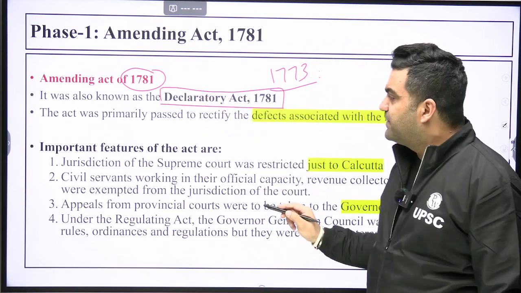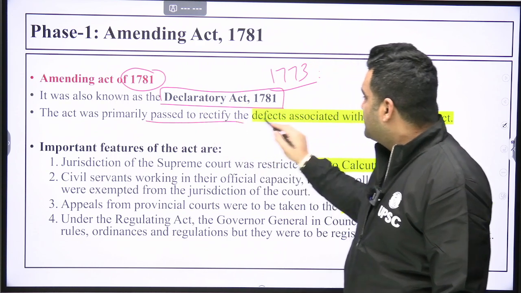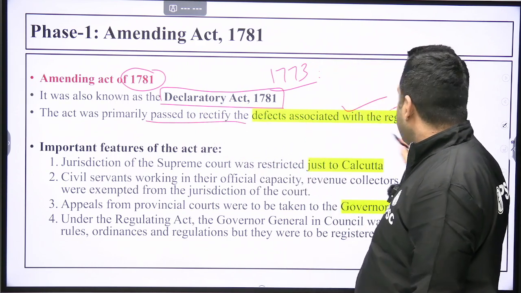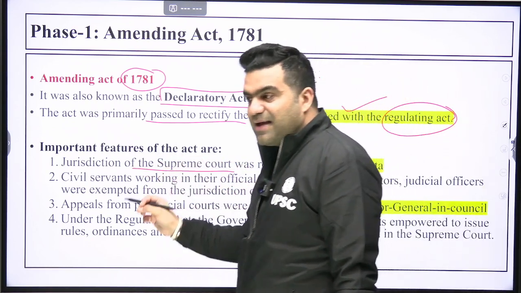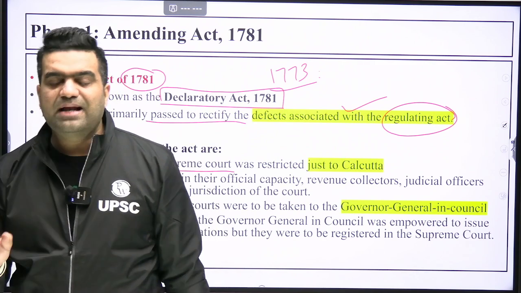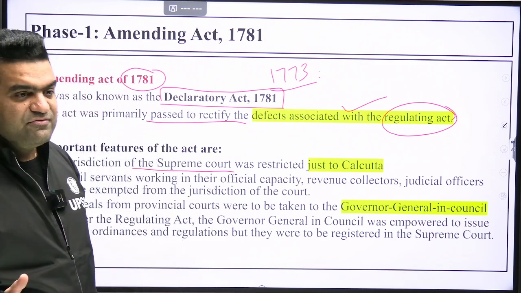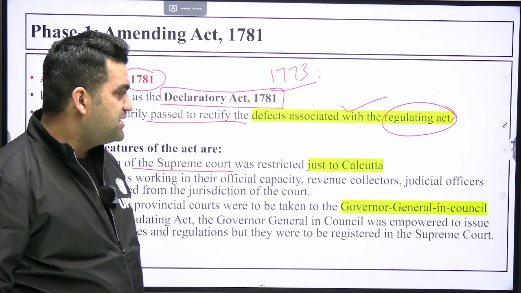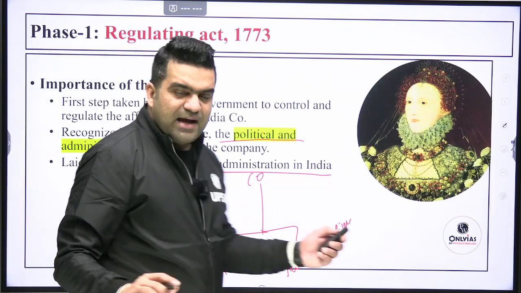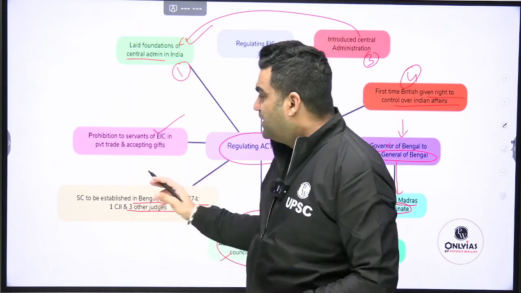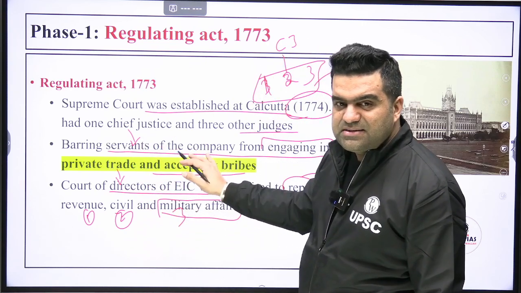Some declarations were made. The act was primarily passed to rectify the defects associated with the Regulating Act. Important features: the jurisdiction of the Supreme Court established at Calcutta was confined to Calcutta only; it would not have jurisdiction over the Bombay and Madras presidencies. Now, civil servants. Even to this day, the dilemma is still there.